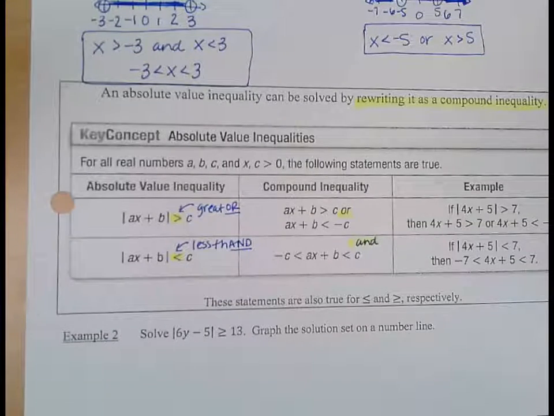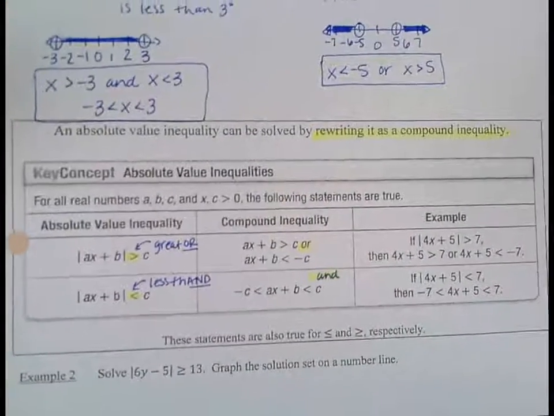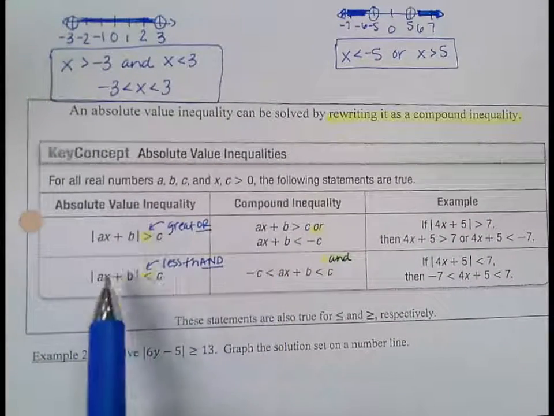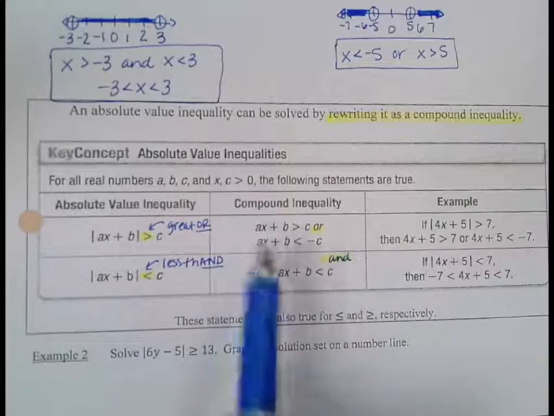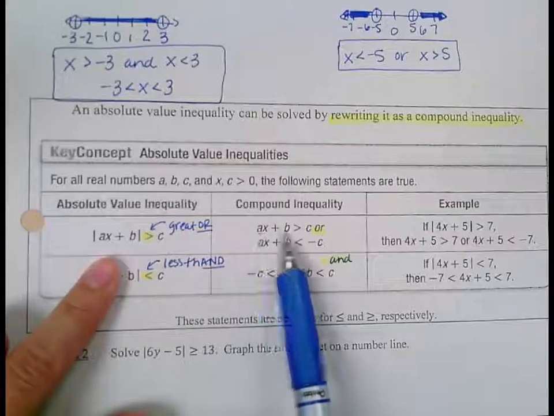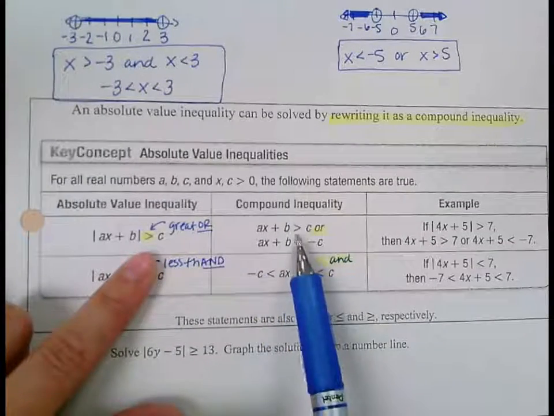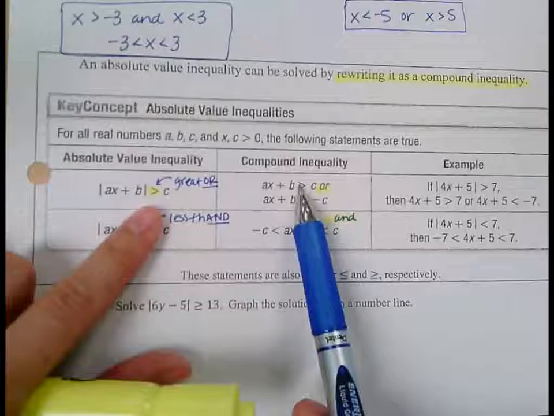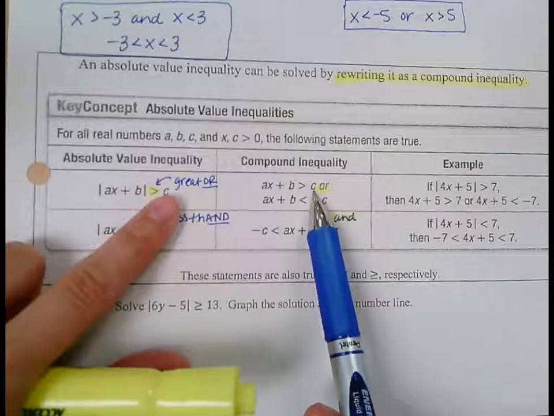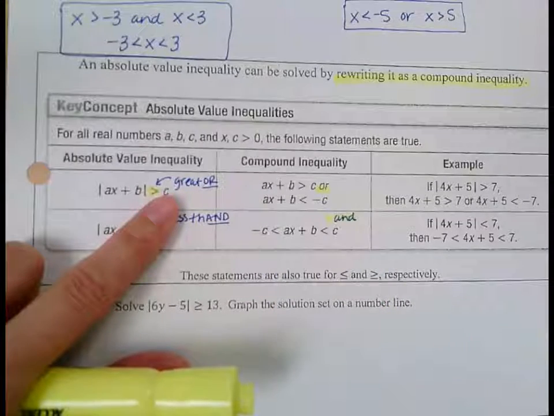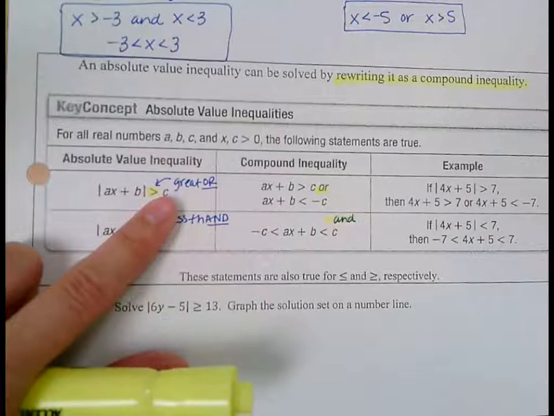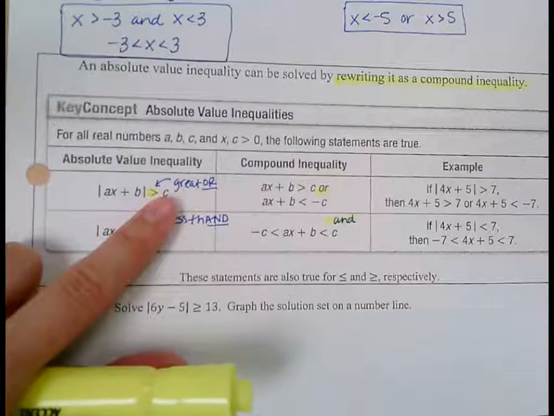And then how the inequalities are set up: for the first one, notice what is inside the absolute value bars, the ax plus b, that's not going to change. So the first inequality is keeping the ax plus b. You keep the greater than symbol, keep the inequality the same, and then keep the value on the right side the same. So if you think of absolute value equations, where we set up a positive case and a negative case and then solved both, that's kind of what this is.